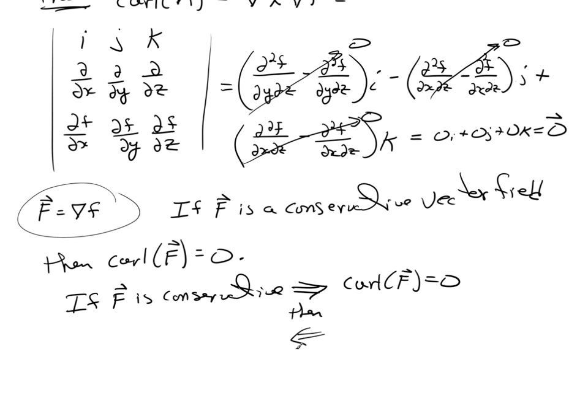We're missing an important piece here to allow me to go back in this direction. So right now, if I have a vector field and I find the curl of that vector field, and that curl is not equal to 0, then that tells me that the vector field is not conservative. If I find the curl of F and it is 0, the vector field may or may not be conservative. So right now, all I have is the ability to go in this one direction.